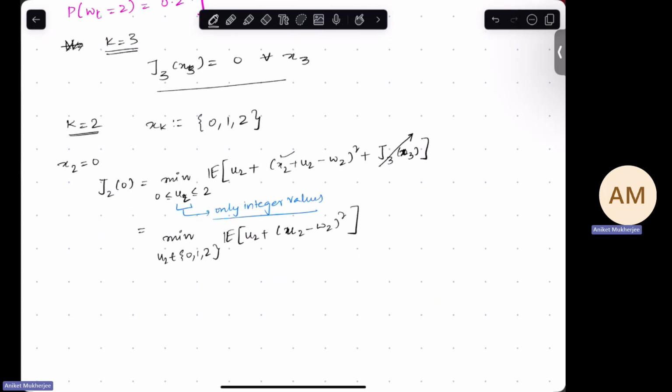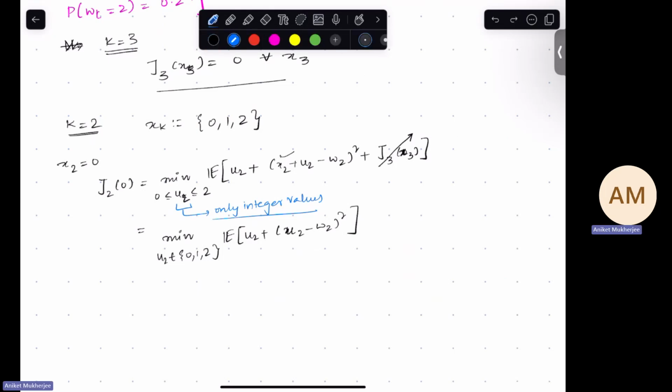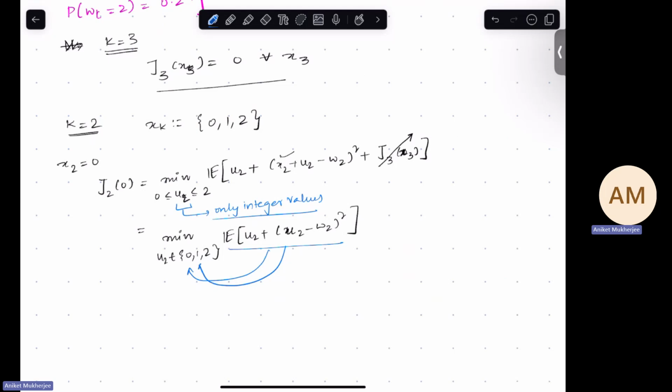Now what you do is you evaluate this function at all three values: u2 equal to 0, u2 equal to 1, and u2 equal to 2.